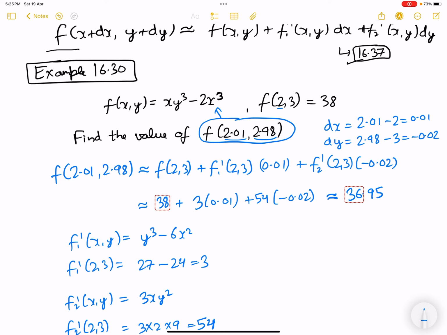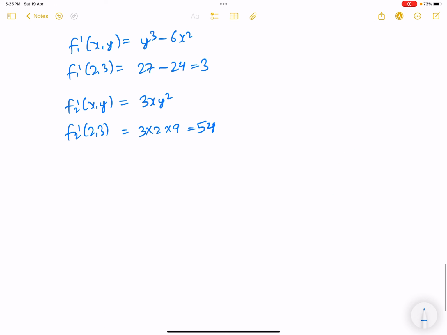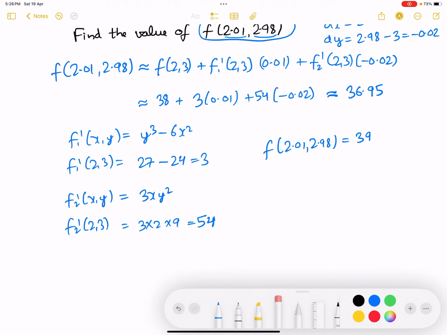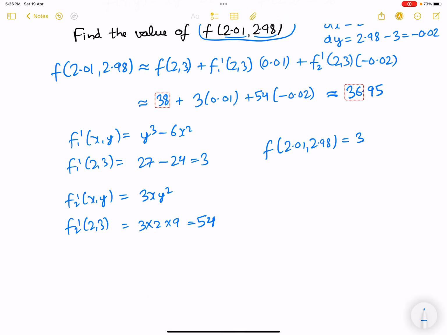In case you put the direct value, so f of 2.01 and 2.98, we are getting the value of 36.95061792. Okay, up to 4 decimals we'll take it, 36.9506.